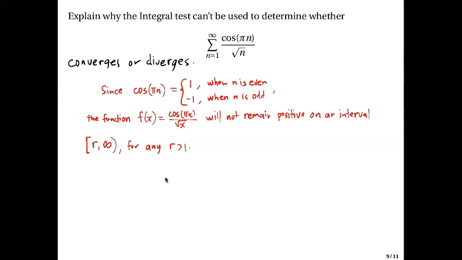From 1 to plus infinity, or 10 to plus infinity, or 100 to plus infinity, or 1 million to plus infinity, whatever interval you use, this function will never remain positive. So the integral test cannot be applied.